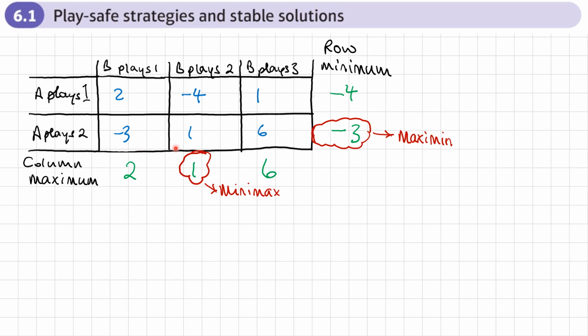But the players may have an incentive to change, because they may have an idea of what the other player is going to do. So for example, player B, they decided they're going to play 2, and the worst that can happen is that they're going to lose 1.